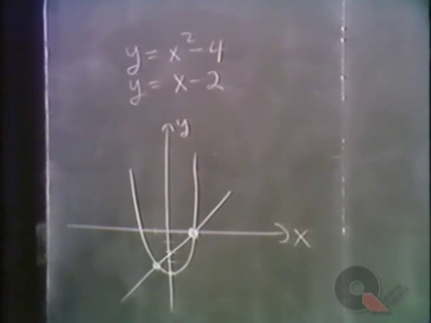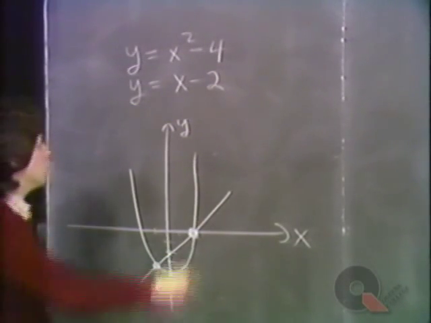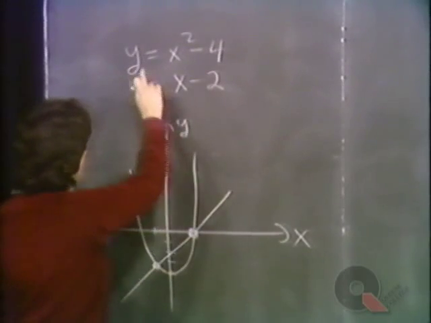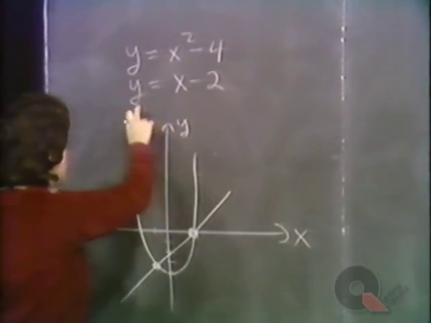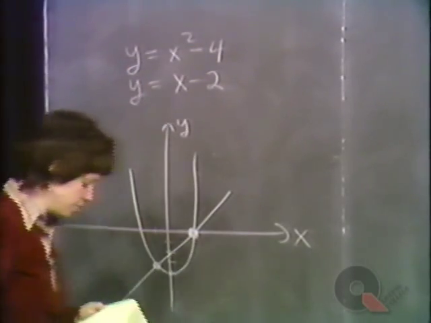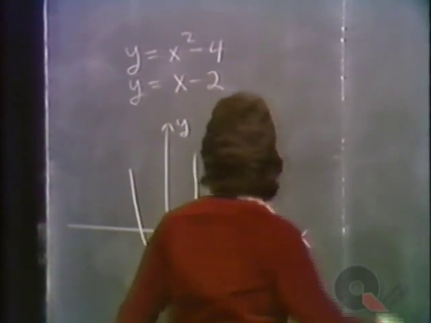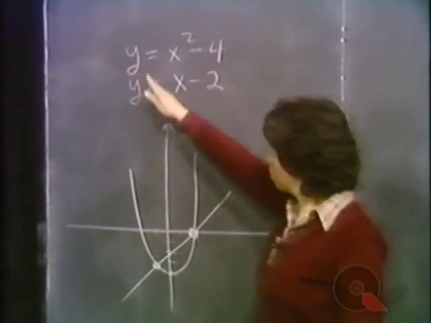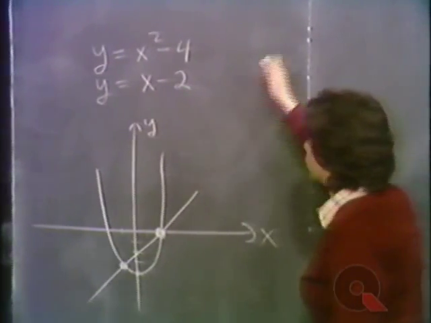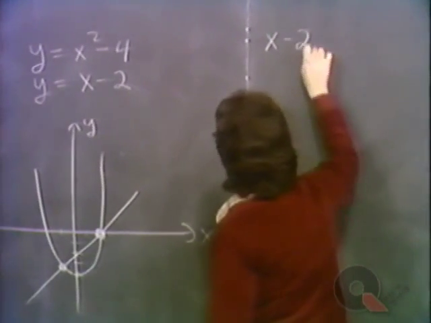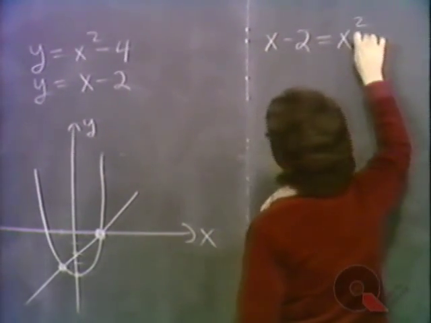But the method of substitution is the one that we're going to use. We have y equals x squared minus 4, y equals x minus 2. We will substitute this value for y into the first equation. Replace y in the first equation by what it's equal to in the second equation, namely x minus 2. So we get x minus 2 equals x squared minus 4.